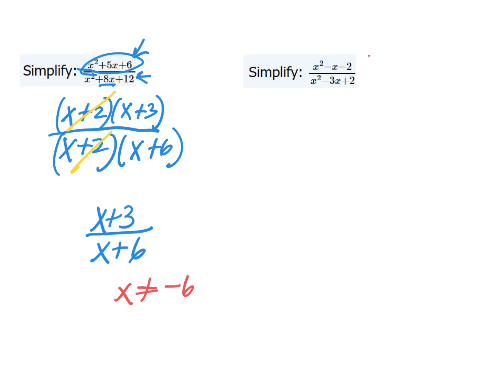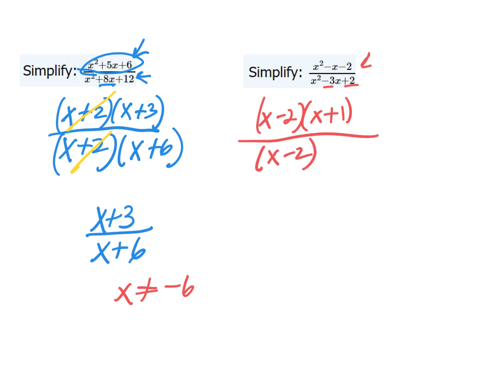If we look at our next one here, two numbers that multiply to -2, that add to -1, x minus 2, x plus 1. And then two numbers that multiply to a +2 and that add to a -3, that is going to be a -2 and a -1.